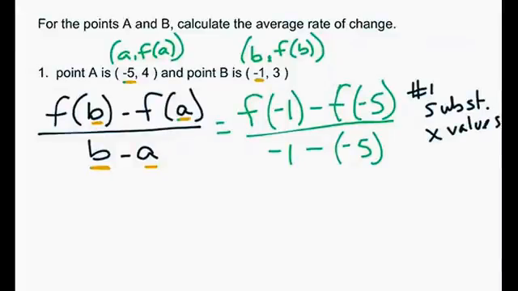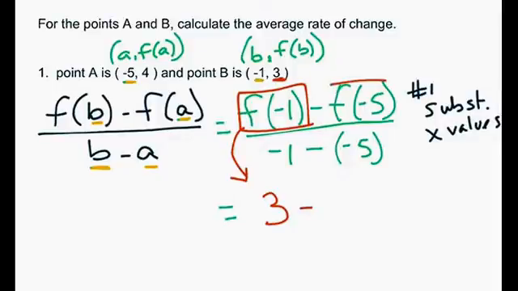Okay, now let's move on down. I've got f(-1). f(-1) is the y value when x equals negative 1. Well, I can come up here and I can see that f(-1) is 3. So I've substituted my y value for my notation f(-1).